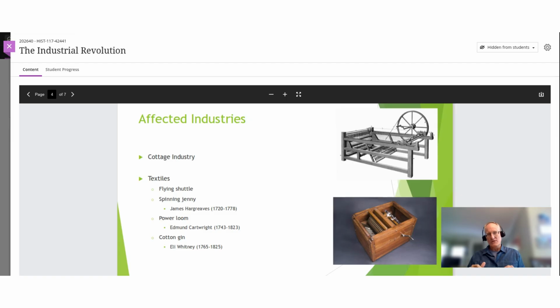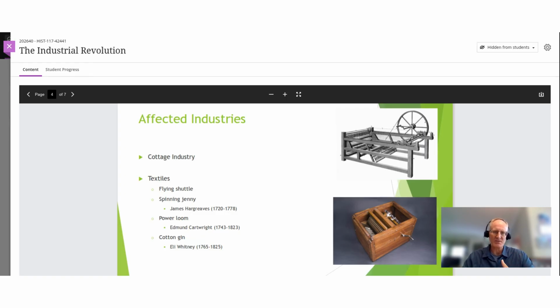So Eli Whitney was initially a Northerner. He came from the northern states. He was looking to develop a technology that would actually take pressure off of the demand for slavery and the institution. He was looking for a way in which the machine could replace slave labor.